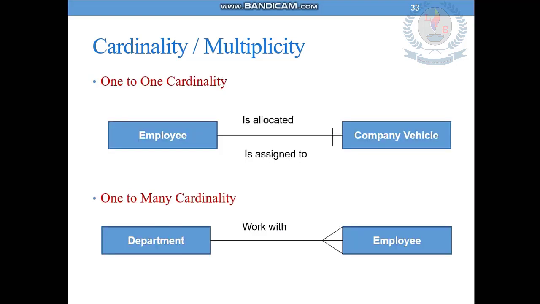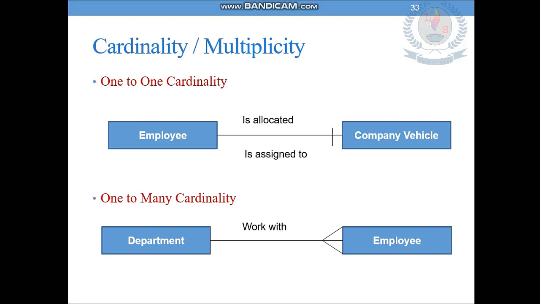Next I'm going to take a real example. For one-to-one cardinality, I'm going to take two entities, employee and company vehicle. An employee is allocated a company vehicle. An employee is assigned to a company vehicle. So we can see a one-to-one relationship. The next one is one-to-many cardinality: department and employee.